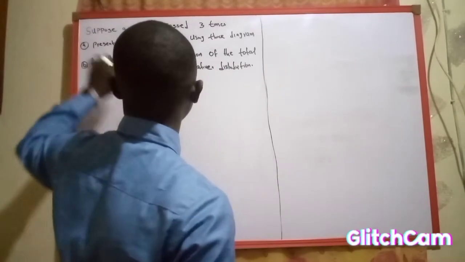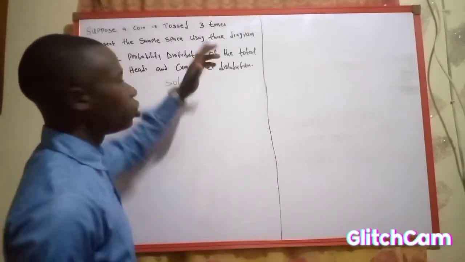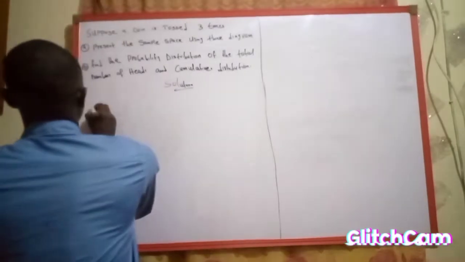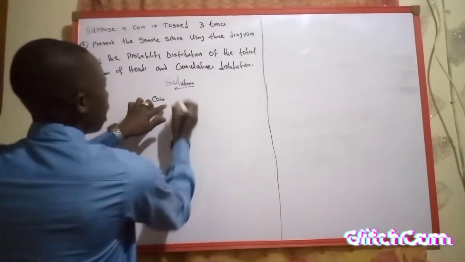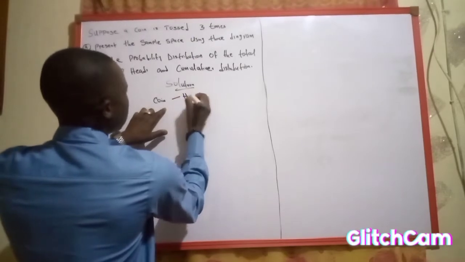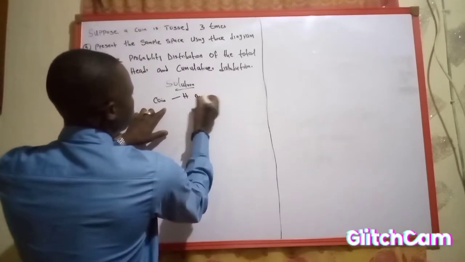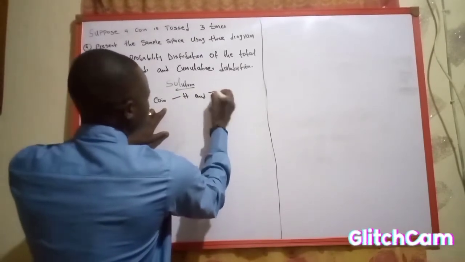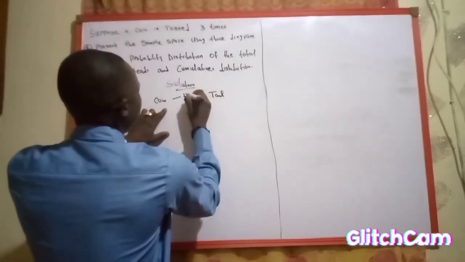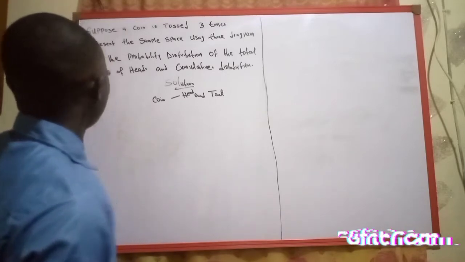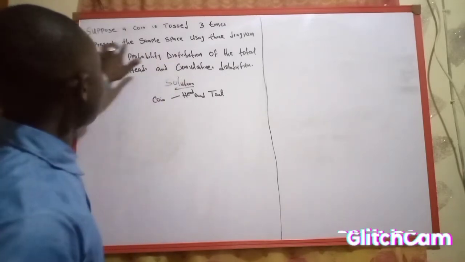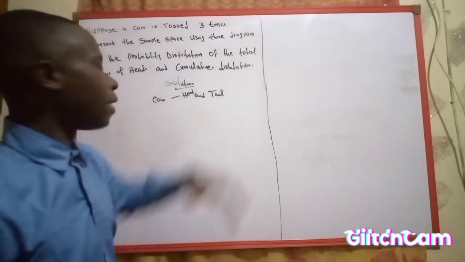So option A says, present the sample space using a tree diagram. Remember, a coin has a head and a tail.